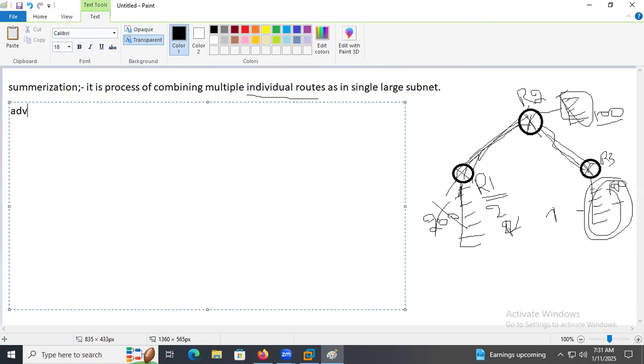But before going for that, let's see the advantages of summarization. Before, it had 200 routes; with the command show IP route, we have 200. But now when I give the command show IP route, we have only two. So by doing summarization, it is going to minimize the routing table.